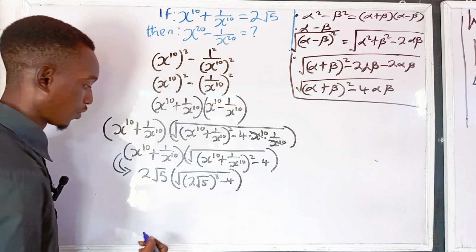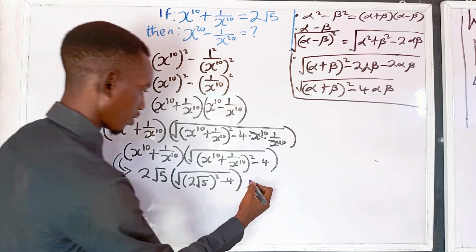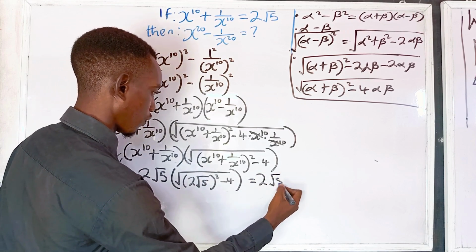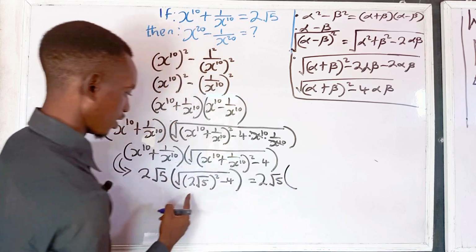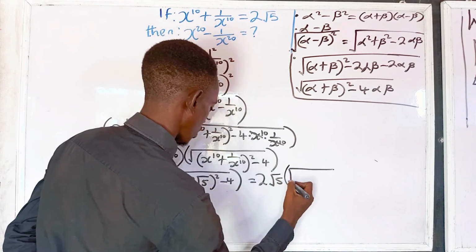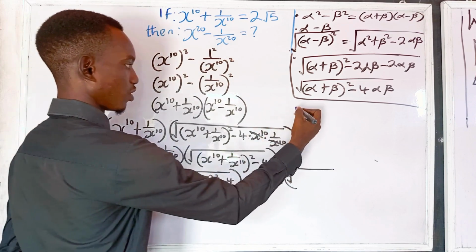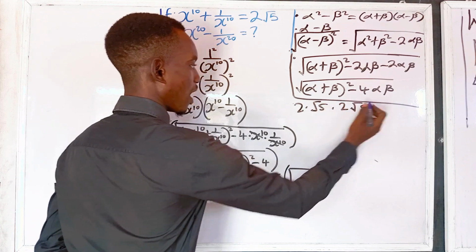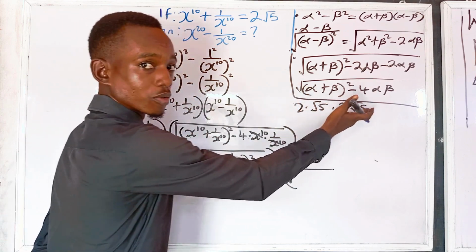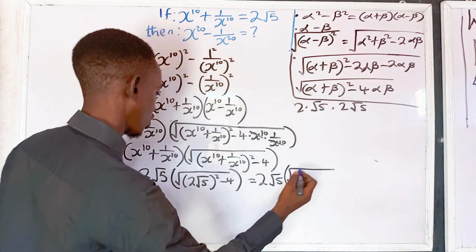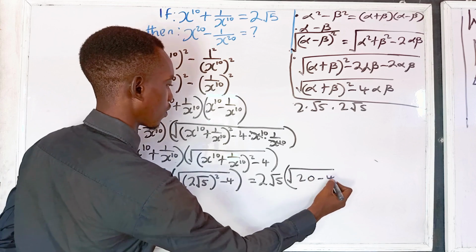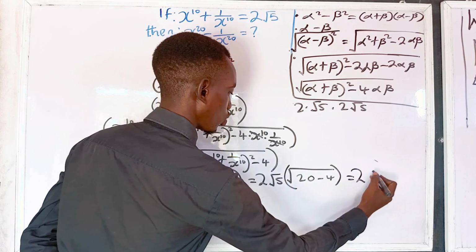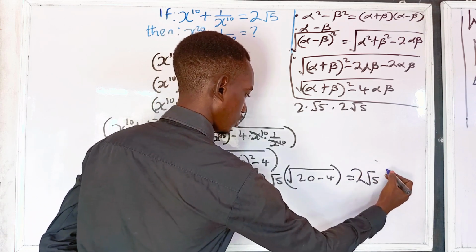So let's simplify this further. We're going to have 2 root 5, open bracket, square root of. Now 2 root 5 squared gives us 2 root 5 times 2 root 5. 2 times 2 is 4. Root 5 times root 5 is 5. So 4 times 5 is 20. 20 minus 4, and this also gives us 2 root 5.